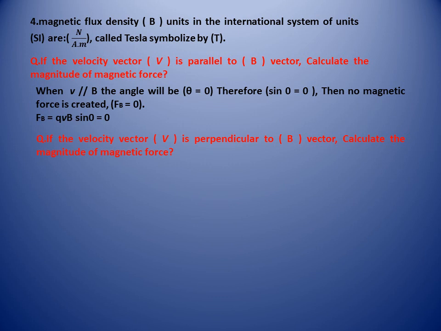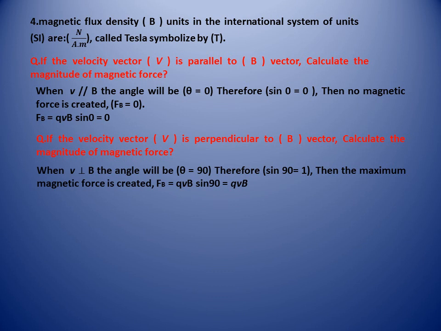Now, question: if the velocity vector is perpendicular to the magnetic flux density or magnetic field vector, calculate the magnitude of the magnetic force. In this case, when the velocity vector is perpendicular to the magnetic flux density vector, the angle equals 90.